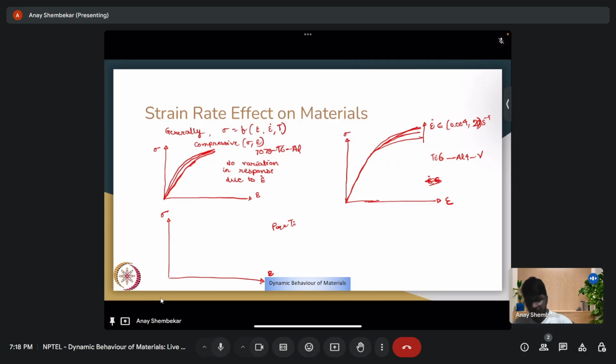So for this, you see epsilon dot is equal to 0.001, epsilon dot is equal to 3.9, epsilon dot equal to 7600.